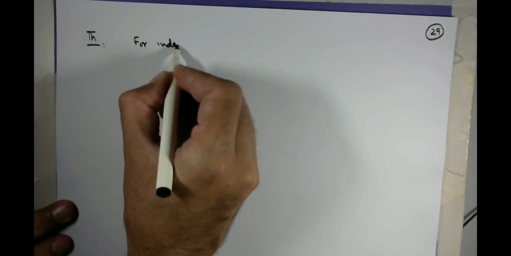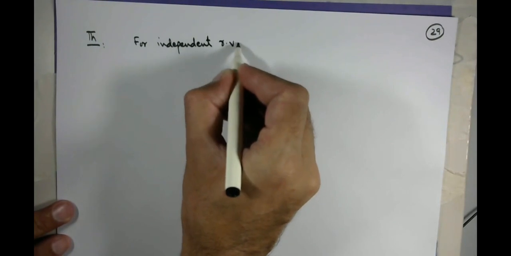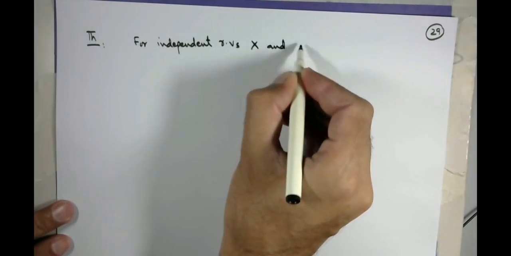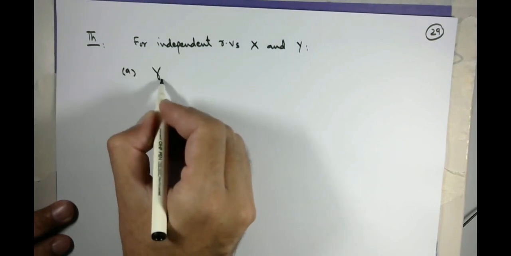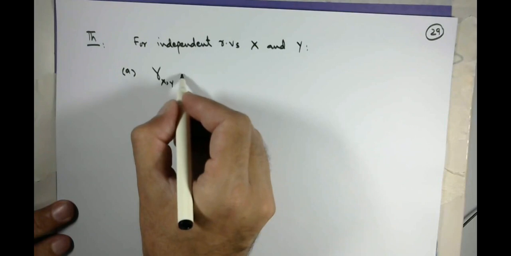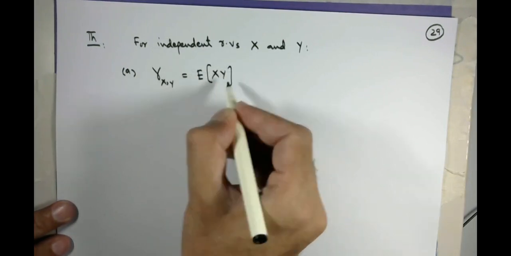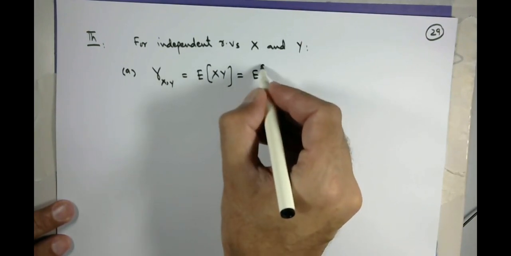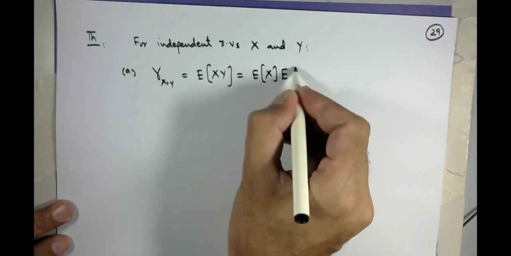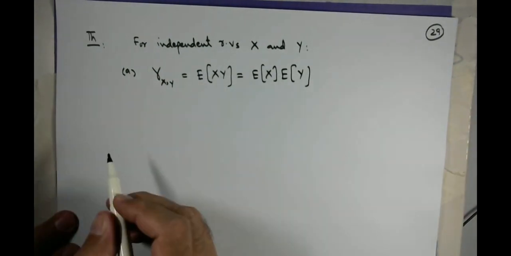For independent random variables x and y, first, the correlation of x and y, which is nothing but the expectation of the product, can be written as the product of the individual expectations. You can always try to verify this. You can always try to prove this.